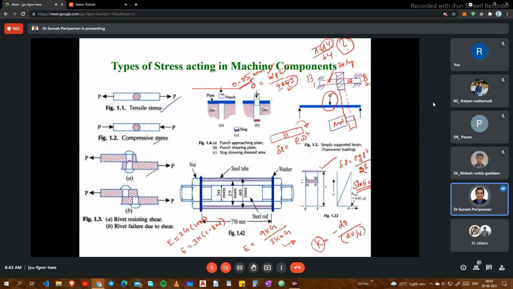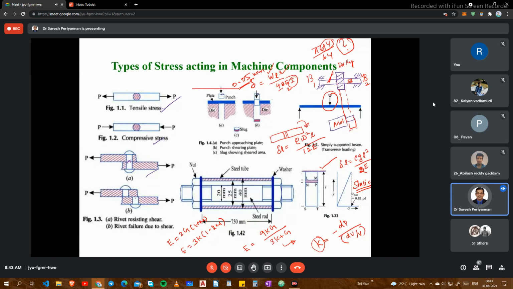Because rotation of the shaft is in terms of omega, L is the length of the shaft, divided by 12E. These are the dynamic conditions. I put it here simply for your understanding. Anyway, we are going to discuss it later.